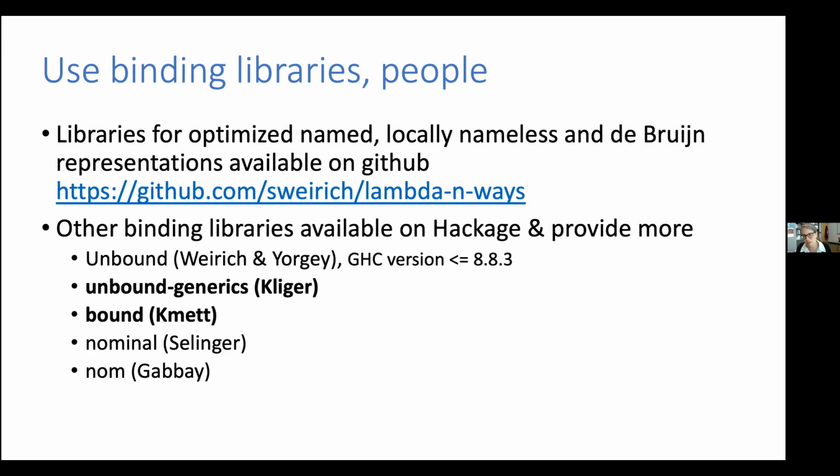The reason is that it's already been ported in Unbound Generics to use GHC Generics, so you can already use Unbound Generics to get a locally nameless representation. There's also a library based on De Bruijn indices by Ed Kmett called the Bound library. And then there are some libraries out there that are based on names also available.